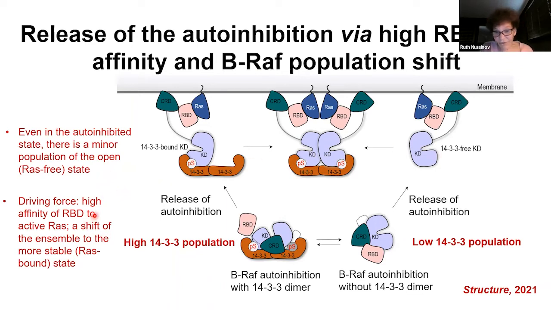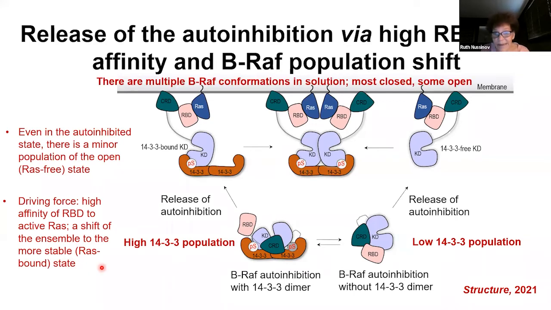The driving force for the interaction of RAS with the RAS binding domain is the very high affinity of the RAS binding domain to the active RAS. So those sparsely populated conformers of the open state, the high energy state, bind to RAS. They get stabilized, and there is a shift of the ensemble to the more stable RAS-bound state.